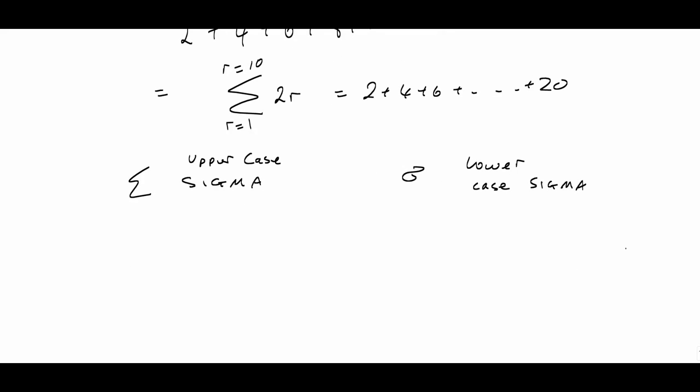Sometimes we don't write the r equals, we slightly shorten the notation. It could be r equals 1 to 10 without r equals 10 at the top, or it could be just 1 to 10 like that, without r equals. The r equals is implied.